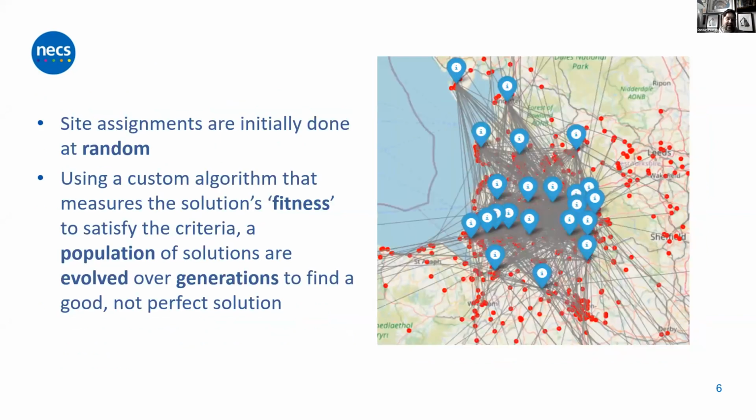In an evolutionary algorithm, the site assignments are initially done at random, and then in order to evaluate the individuals, we have a population of individuals that are then modified.